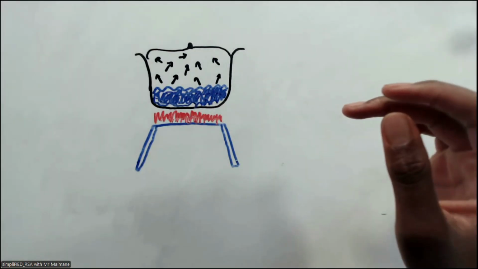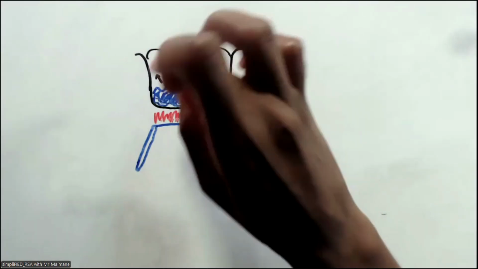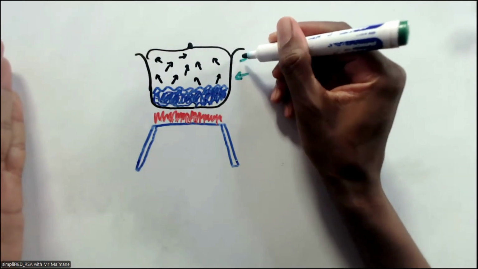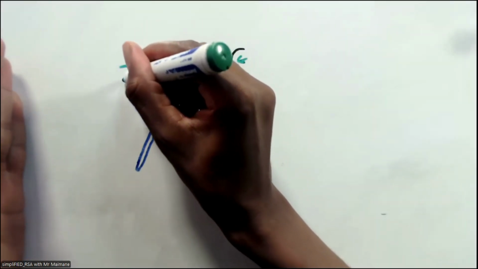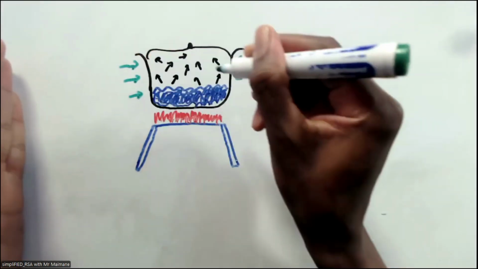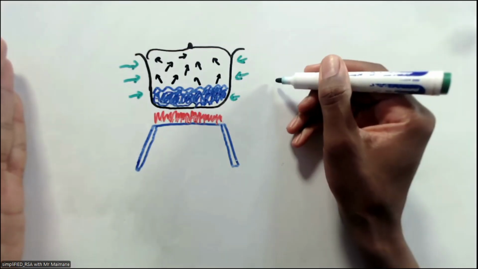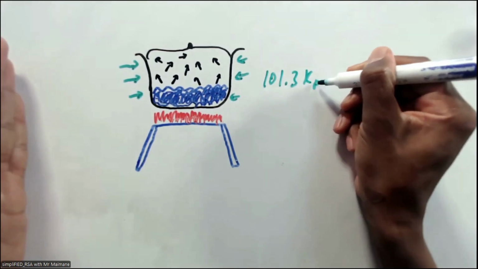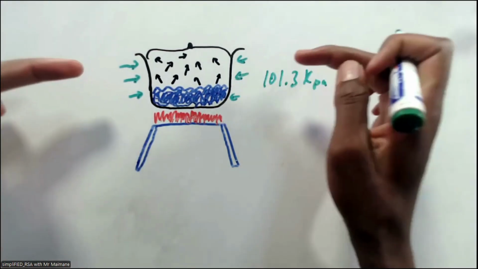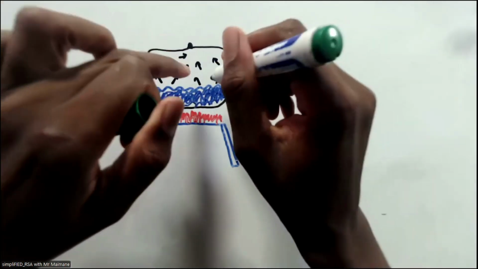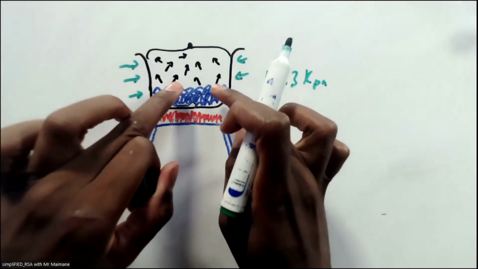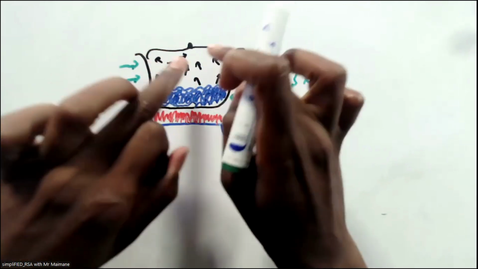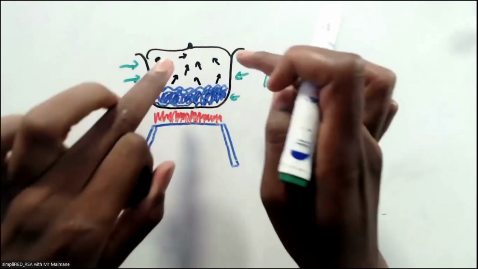But what I want you to understand is when there's vapor pressure inside the pot, externally outside the pot, we have atmospheric pressure as well that is exerted on the pot. And the atmospheric pressure will be constant in that case. In our question as given, our atmospheric pressure is 101.3 kilopascal. So that atmospheric pressure is being exerted on the pot, whereas inside the pot, as the temperature rises while the molecular bonds have been breaking off, the vapor pressure is increasing inside the pot.